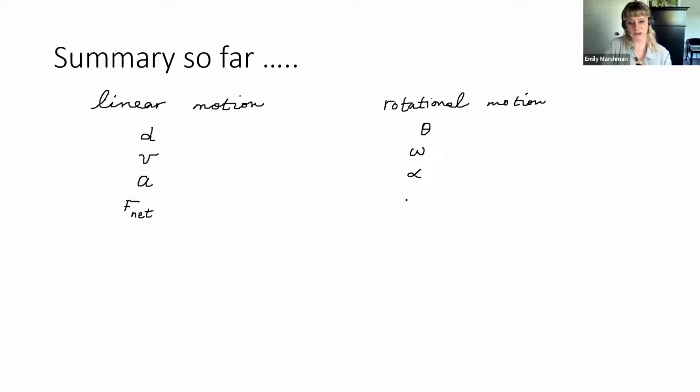And that's denoted by this funny looking T symbol, tau. We're going to define what we mean by torque in the next few slides, but just know that you need a torque to cause something to have a rotational acceleration, just like you need a force to cause something to have a linear acceleration.